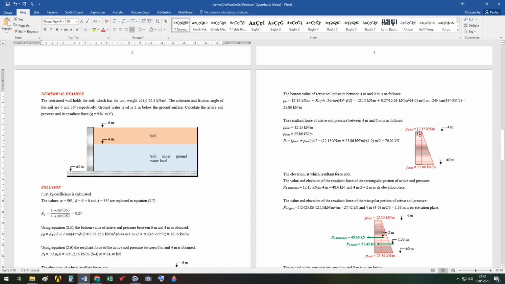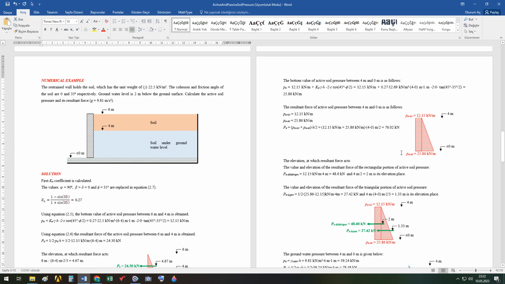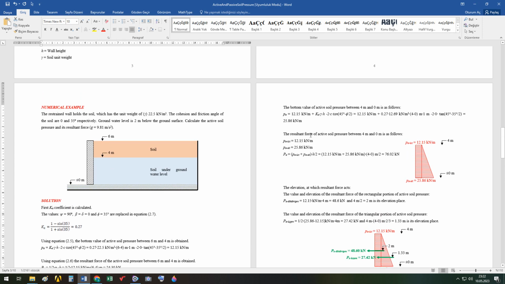Now this value is known from here. We will calculate this value. So it's calculated from here, this value plus this value, which comes from the triangular area formalization.